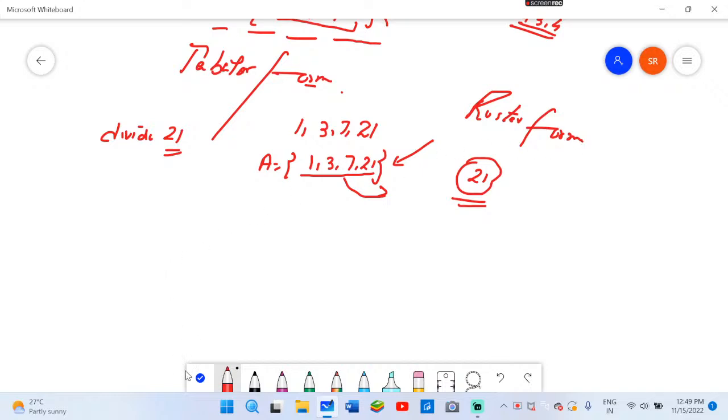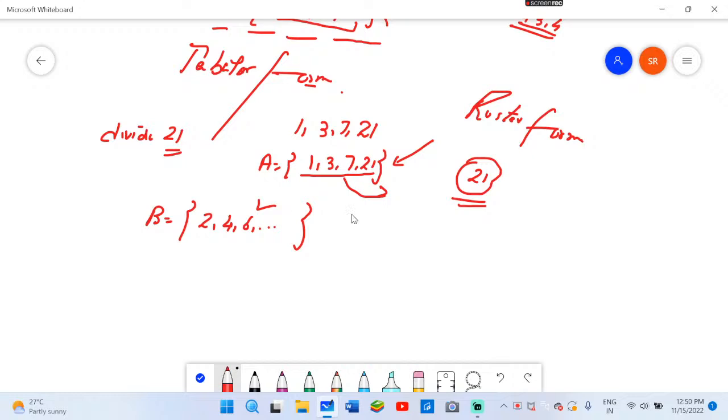Then we can take one more example, set of even natural numbers. We take the set of even natural numbers 2, 4, 6. The 3 dots indicate that the same pattern continues. This is also a roster form.